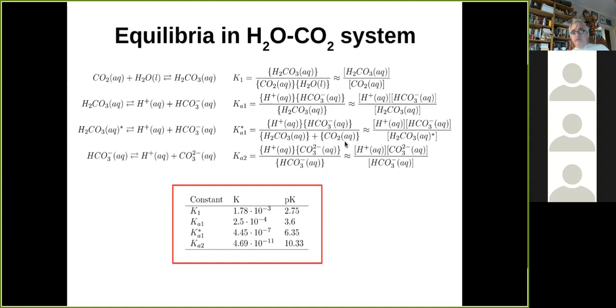One usually clumps these two together into this hypothetical carbonic acid, but with a star, to remember that most of this carbonic acid isn't really carbonic acid, but rather carbon dioxide. For every practical reason, we use this effective acid, carbonic acid, and not the real.